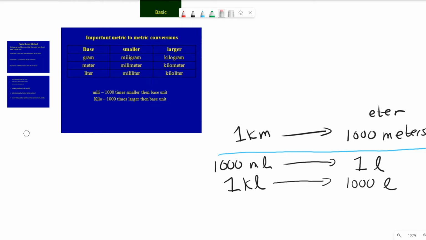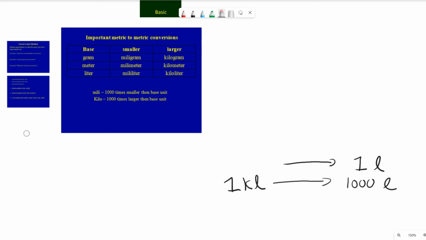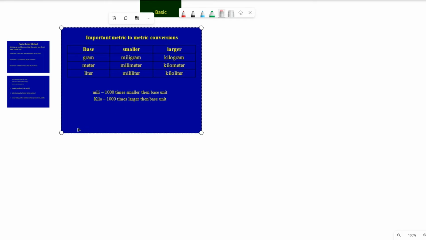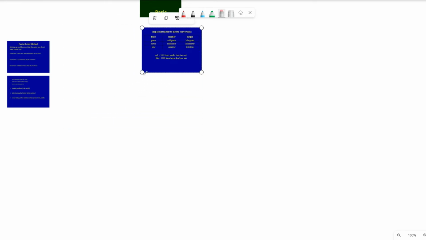So as long as you know that kilo is bigger and milli is smaller than the base unit, that's the only thing you really need to memorize, then you'll never mix up when to multiply or when to divide when you're trying to convert in the metric system.